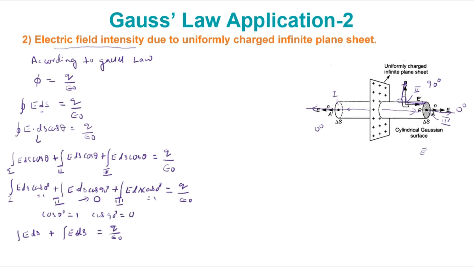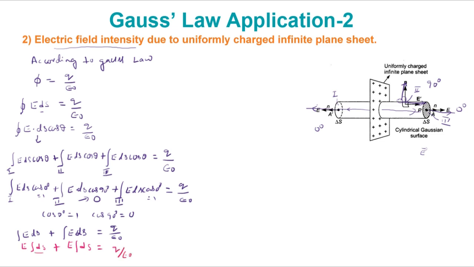Now take the E outside. E is outside, the ds is inside. In the same way here, E you take outside, the integration of ds, which is equal to Q by epsilon naught.